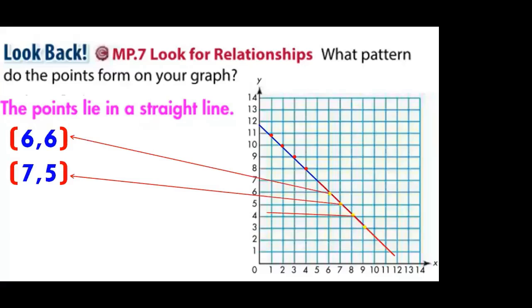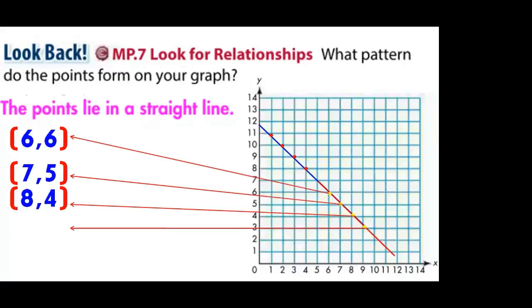This point will be 8 and 4. This point will be 9 and 3. So this is how to deduce points from the pattern given or from the relationship given on the graph. And this is the answer of look back. Please copy and go to the next page, 790, please.